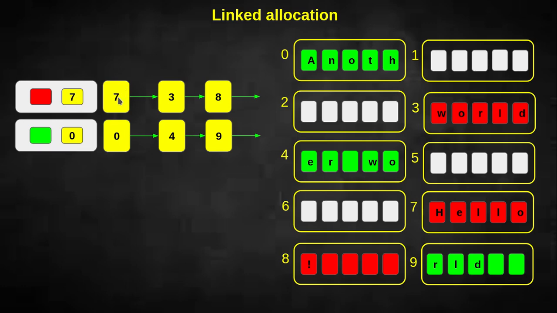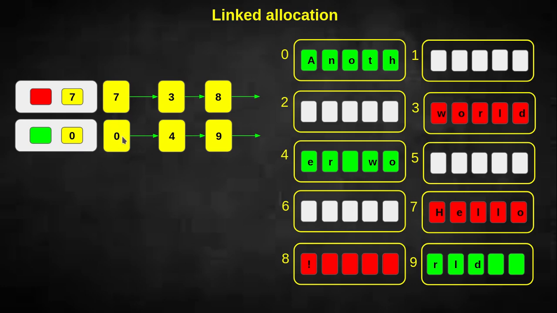Then each block stores its data, just like a linked list, and it also contains the next value, pointing to the next block. For 7, the data is this, and it points to the next block, which is 3. We come over here and see it's 3. Then 3 is also pointing to its next block, which is 8. Then 8, since it's the end of the file, is not pointing to anything.